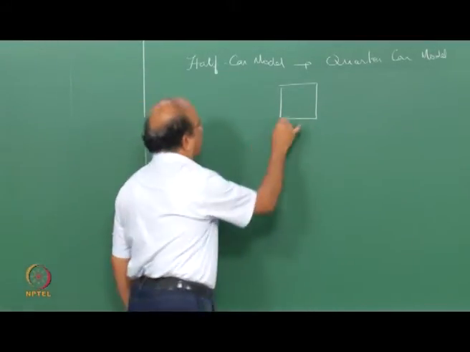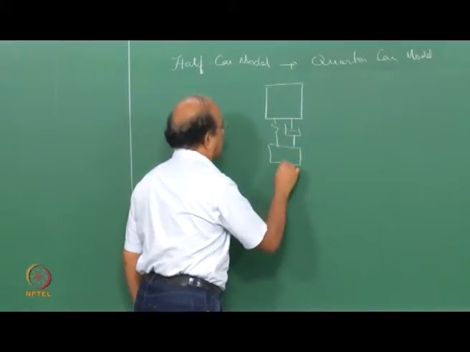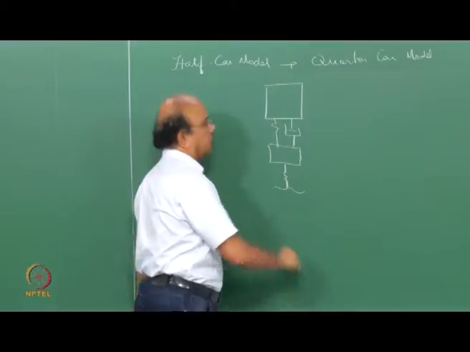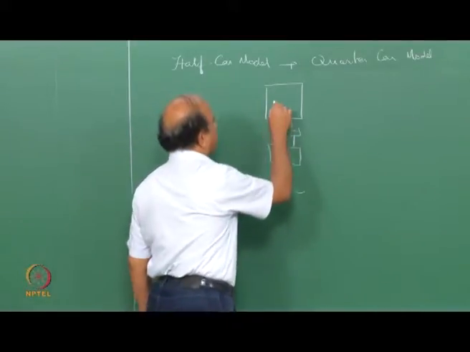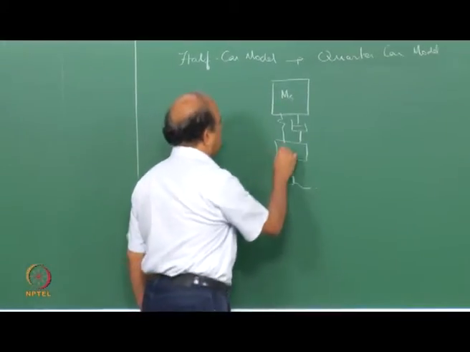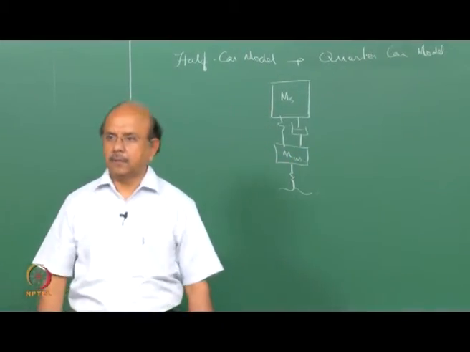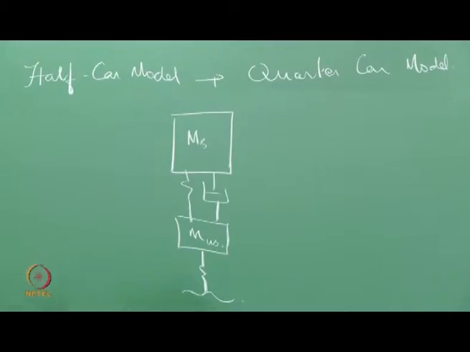So what is a quarter car model? That is what is called the sprung mass M. That's the unsprung mass, right? If I change anything, just tell me. I hope I use the same notation.